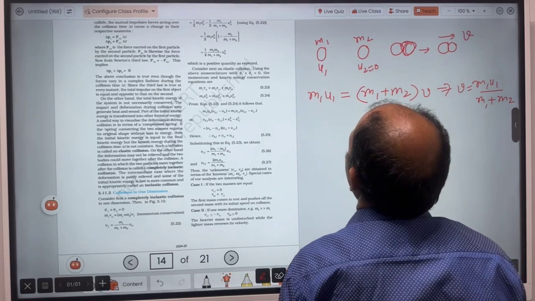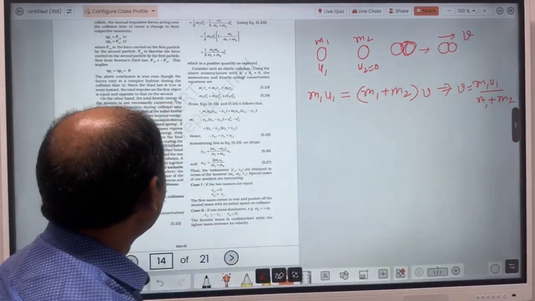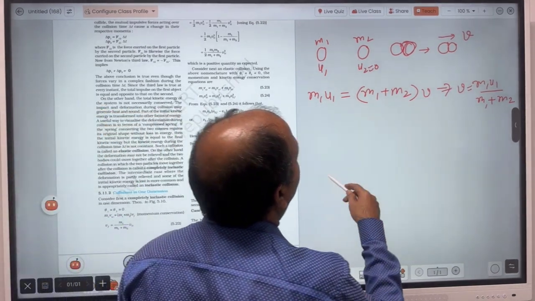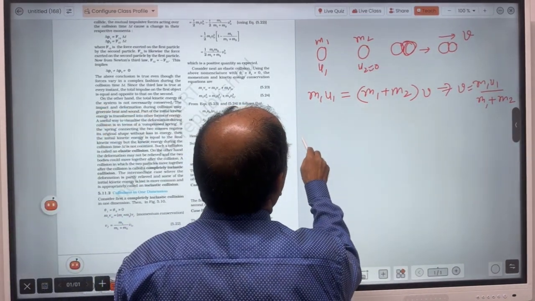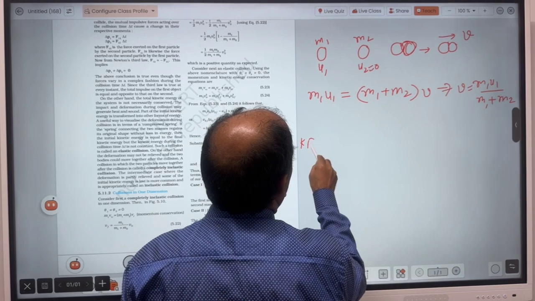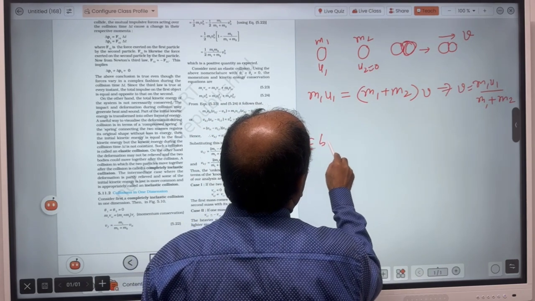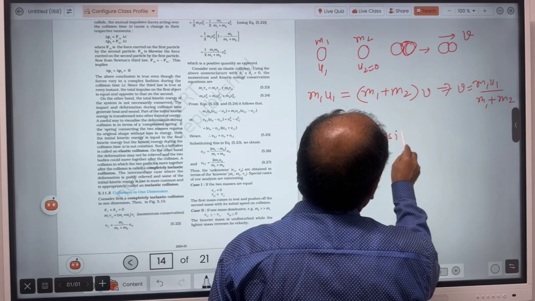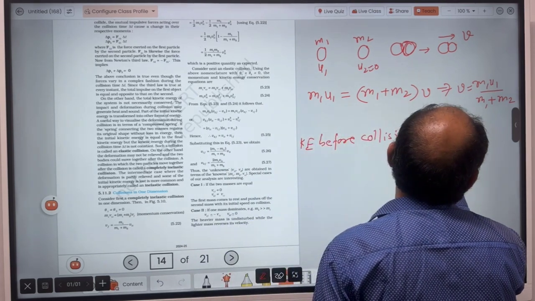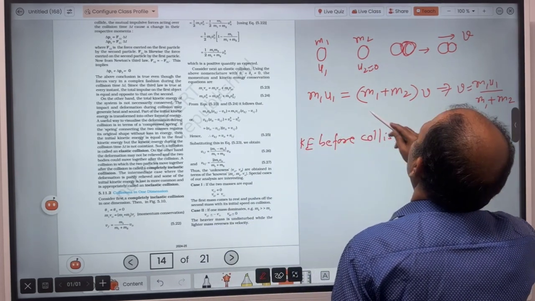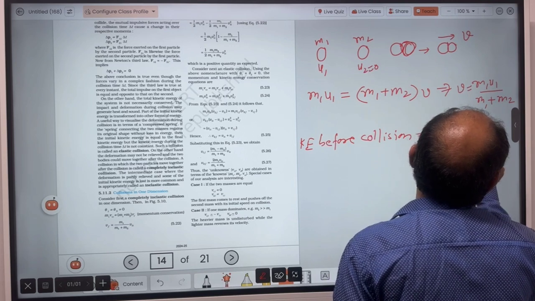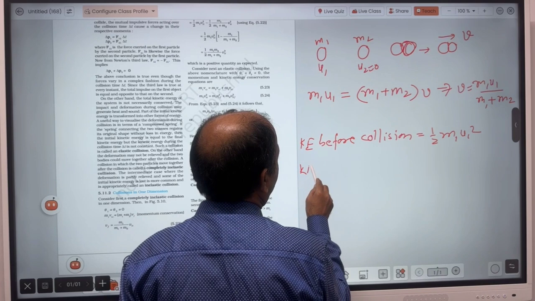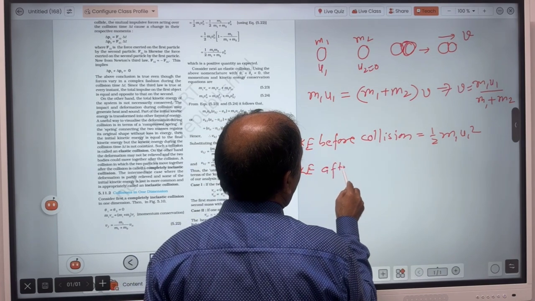So for this purpose, we try to find out the kinetic energy after collision. So KE before collision is half m1 u1 square, and KE after collision.